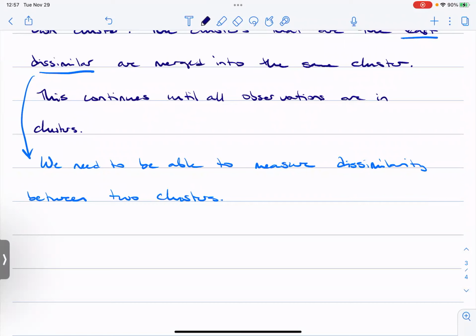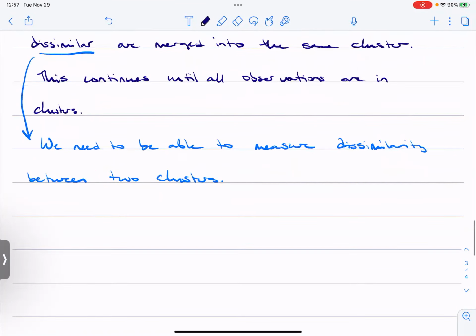It doesn't calculate the maximum distance. Nice. The agglomerating algorithm. Okay, good.